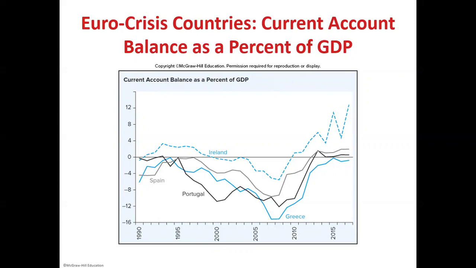Okay, we have to compare. So we are making a time series comparison here: for a long period of time, what happens to this balance as a percentage of GDP. So you see that in some particular period of time, all of these European Union countries fall into trouble. Okay, and that was termed the euro crisis.